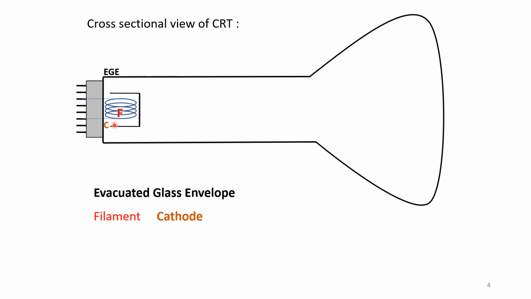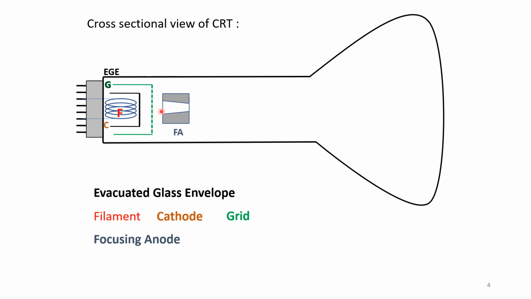Thereby, the cathode also gets heated up indirectly, and then that cathode is covered by what is known as a grid, which has a finite number of perforations, which means by heating this filament, electrons are produced from the cathode and they begin to move through the grid. And on the other side, we have what is known as the focusing anode.